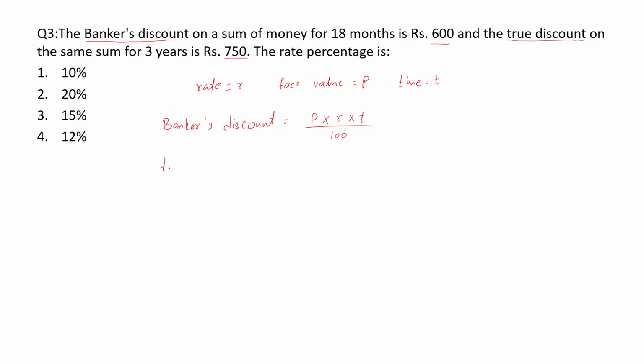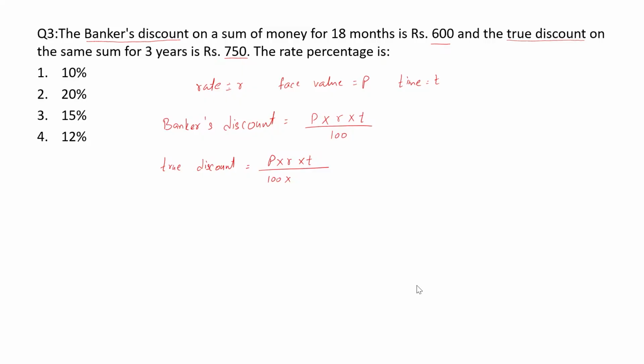What is true discount? True discount is P into R into T upon 100 into, so here 100 plus R into T, because it incorporates time value.